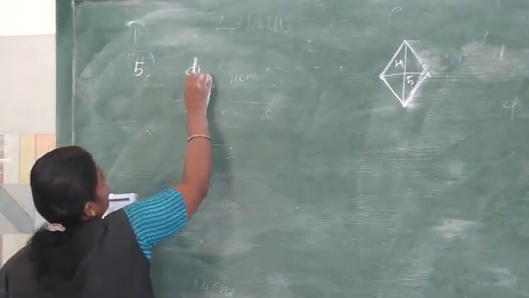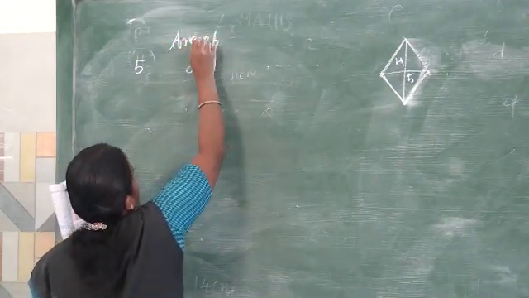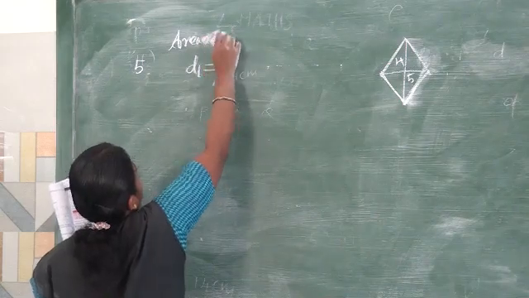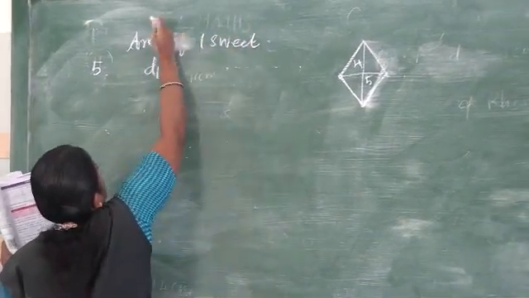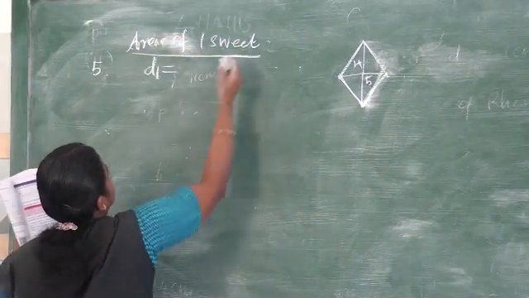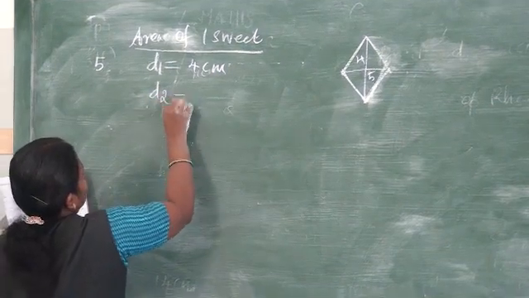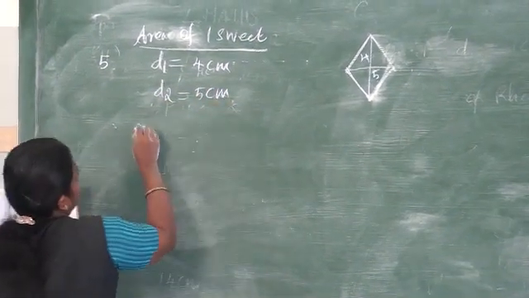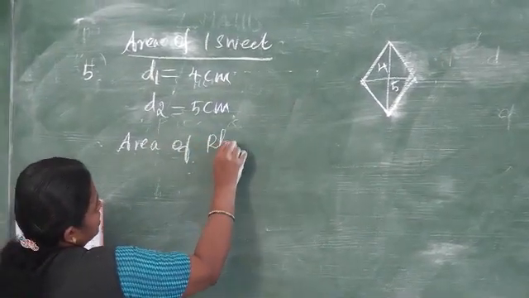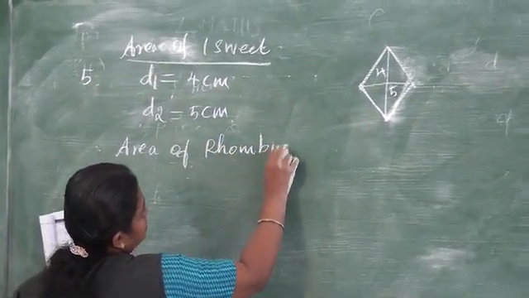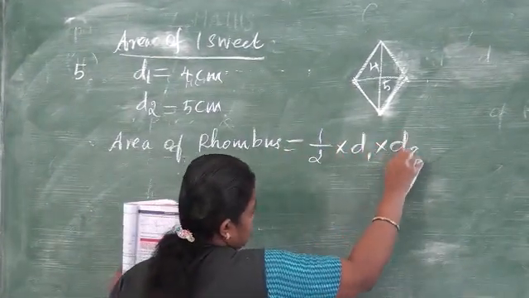Now we'll find out area of one sweet. D1 equal to 4 centimeter, D2 equal to 5 centimeter. What is the area? Shape is rhombus. So area of a rhombus equal to half into D1 into D2.